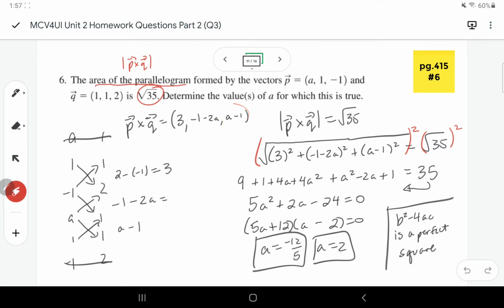The last two components will have an A value in there, but then the magnitude of that cross product would equal the 35. So here we've squared both sides and then FOILed out these two terms and get this big messy thing, collect like terms, bring the 35 over, and it factors. You could just use the quadratic formula if it didn't factor though.